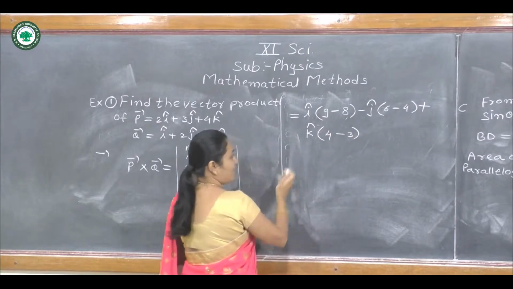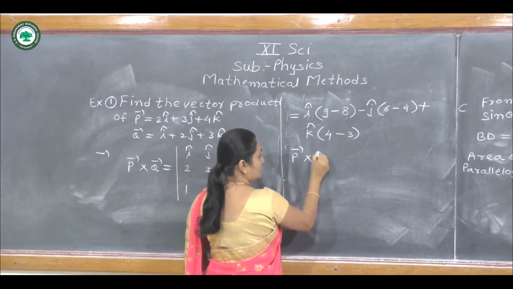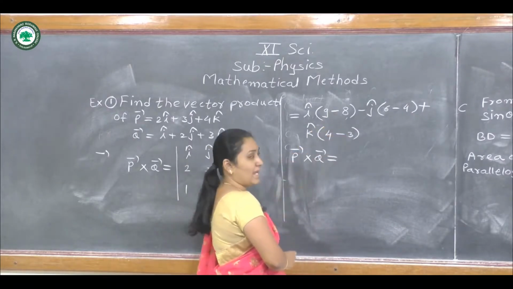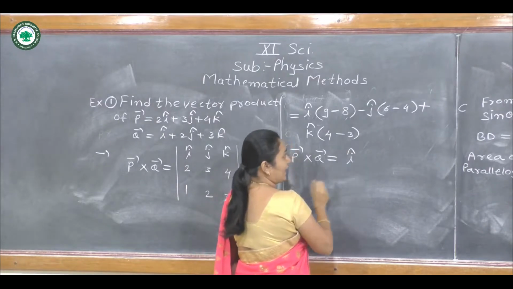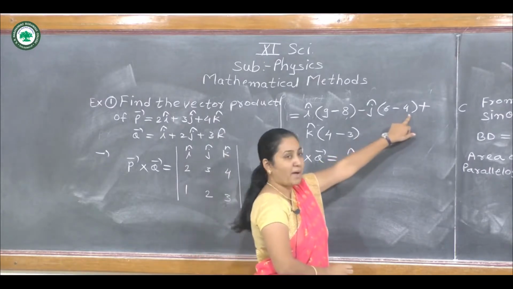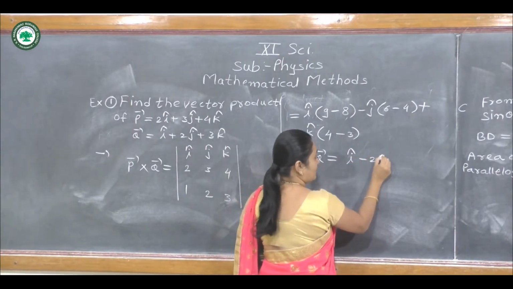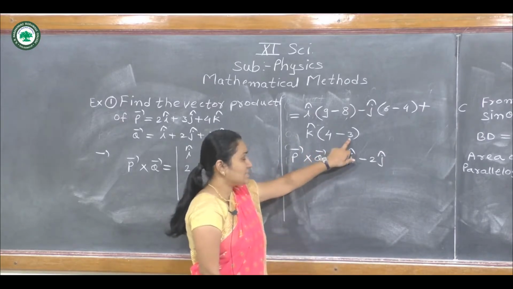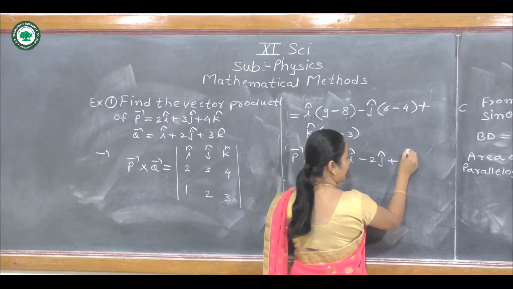So now by simplifying, p bar cross q bar is equal to 9 minus 8 is 1, that is i cap, 6 minus 4 is 2, so minus 2 j cap, 4 minus 3 is 1, so plus k cap.